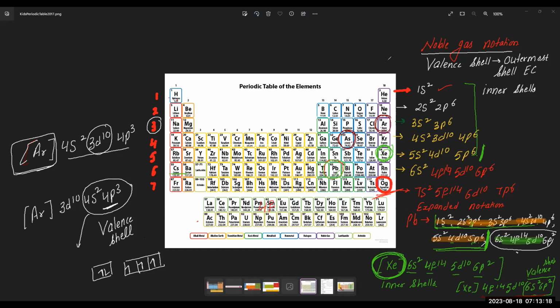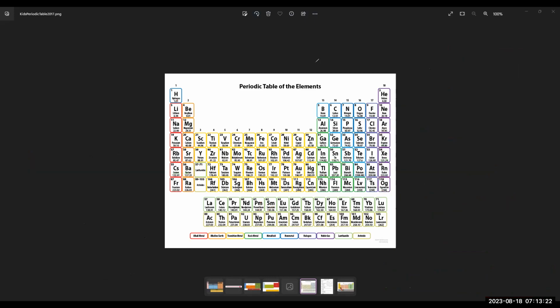Ready for more questions? Shall I erase this now? This time, I will ask many questions when you write the electron configuration. I will ask about inner shells, how many electrons are there in inner shells, and the valence shell. Valence shell means the one with the highest principal quantum number. Write this, children, in your notebook.